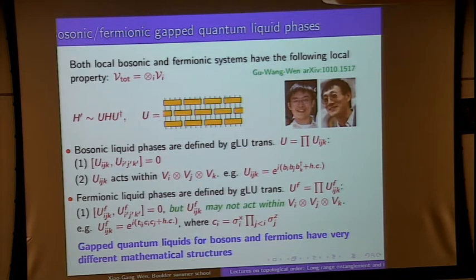So what I try to say is that actually this is very, very important. To define a system, giving the Hilbert space is not enough. You need to give a definition of a so-called local operator. And for the Fermion system, the definition of local operator are Fermion hopping operators. This nearest neighbor hopping operator is my definition of a local operator.